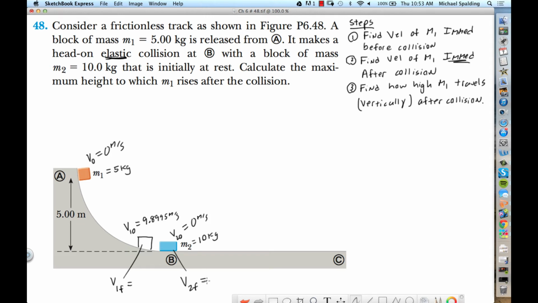Guys, if you have 2 unknowns, how many equations do you need? 2. So the 2 equations that you're going to use to solve the problem, conservation of momentum, M1 V1 initial plus M2 V2 initial equals M1 V1 final plus M2 V2 final. What's the initial velocity for M2? 0, so we can just cross this out.